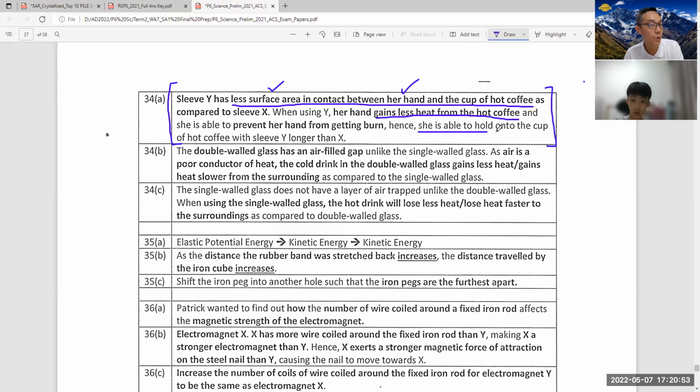So she's able to hold on to the cup with sleeve Y longer than X. These are the important points. In case you can't write such a long answer, you just write the part which I told you earlier: lesser surface area, then gain less heat, and then able to hold onto the cup longer.